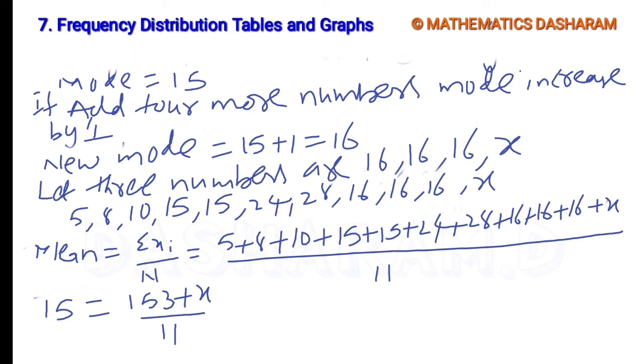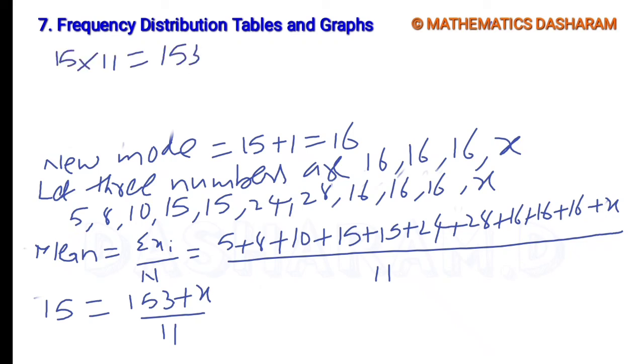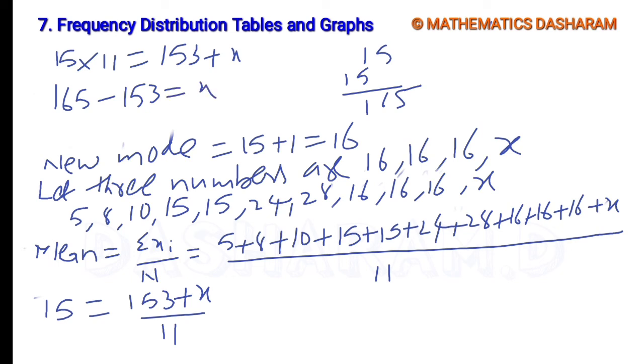Let us find the x value now. So 11 transposes to the left side. So 15 into 11 equals 153 plus x. 15 into 11 is 165, so 165 minus 153 equals x. Now 165 minus 153 equals how much? 12.